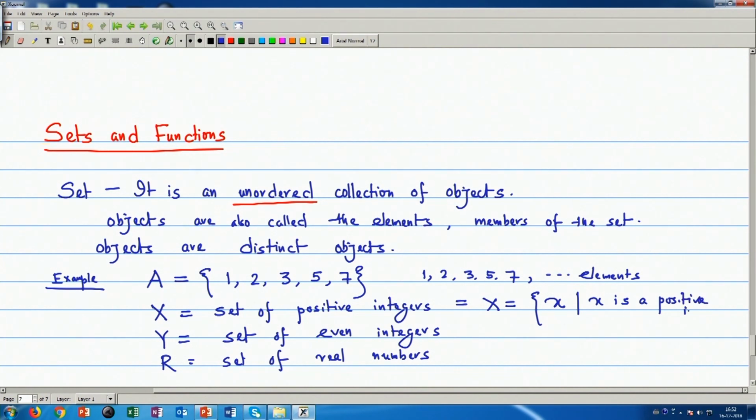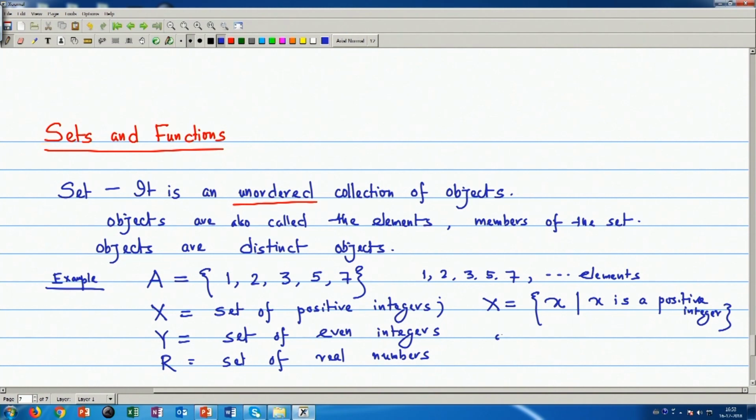So, here both the definitions are the same. If I write X is the set of positive integers, same as I can also write x, small x, such that x is a positive integer. That means all x which is a positive integer must be one element of this set.